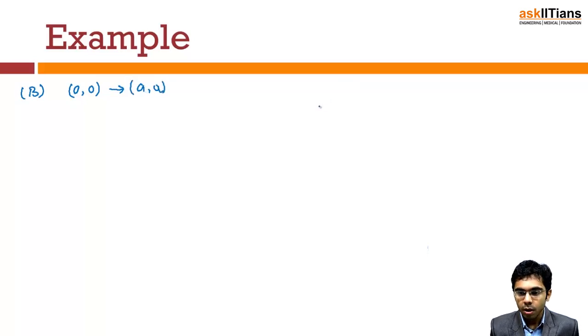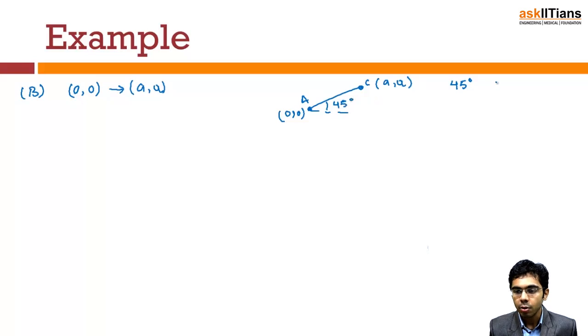This is the straight line from 0, 0, point A, and this point is C, a comma a. Now if we find out the slope, the angle with the horizontal comes out to be 45 degrees. That means this is the line x equals y, or else we can write dx is equal to dy.